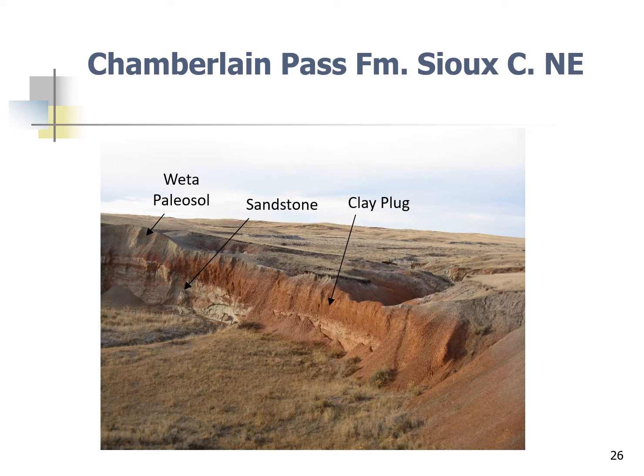The white sandstone below is the Chamberlain Pass Formation, and overlying that is a clay plug which formed in an abandoned meander loop. Now that clay plug consists of reddish mudstones and siltstones, perhaps derived from the Spearfish Formation up in the Black Hills.